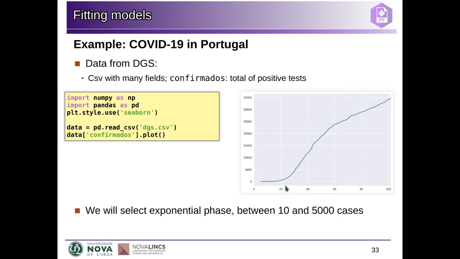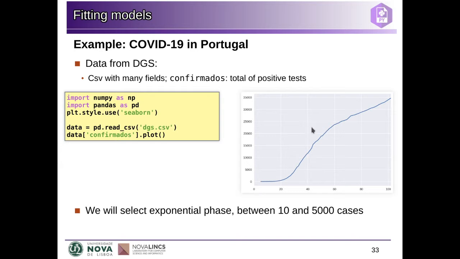This is since the beginning of registration. We are now around 100 days after the beginning, but we can see that we have this exponential stage here. So let's select this part up to 5,000 cases where the curve seems to be approximately exponential.